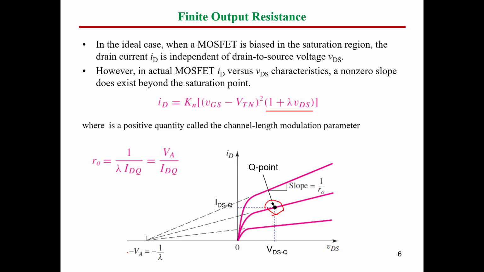This value is going to be minus VA, because it's on the negative side. And IDQ is the operating current we have.